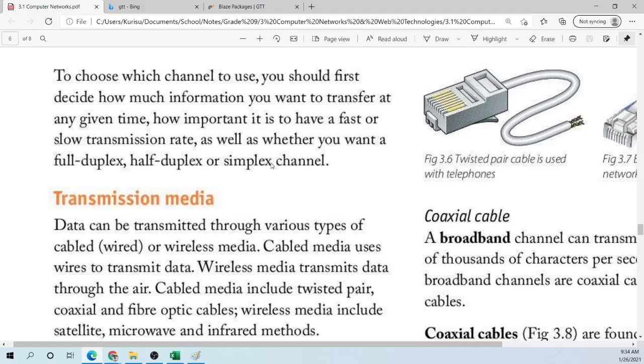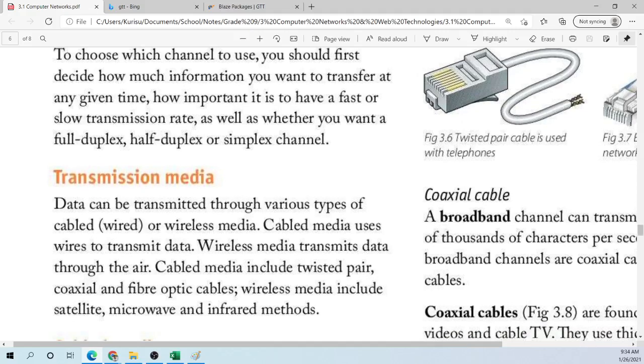Cabled media uses wires to transmit data. Wireless media transmits data through the air. Cabled media include twisted pair, coaxial, and fiber optic cables. Wireless media include satellite, microwave, and infrared methods.